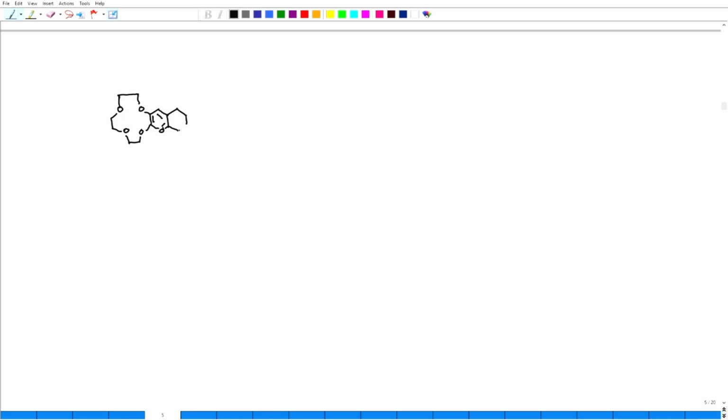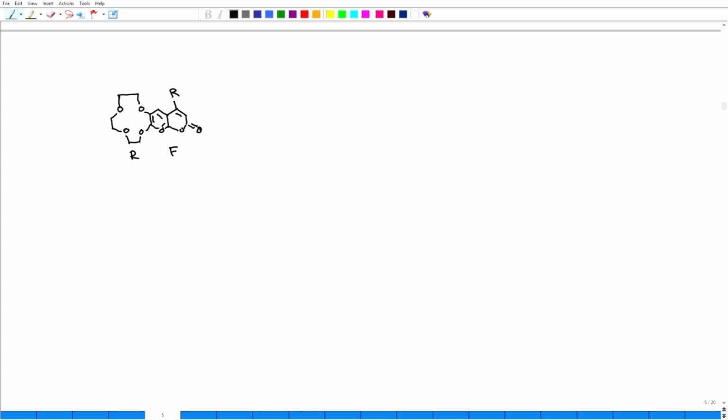That one was sodium specific and this one is lithium specific. This one is the fluorophore and this is the receptor. The receptor and fluorophore are integrated.